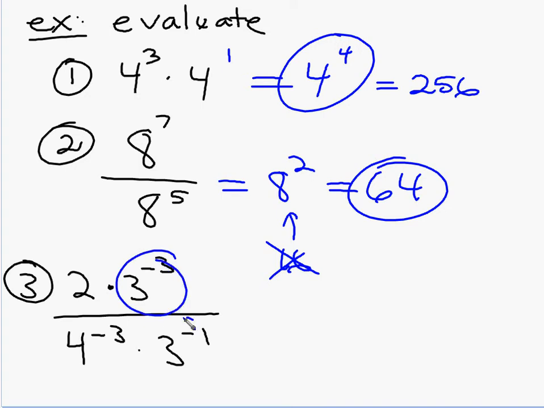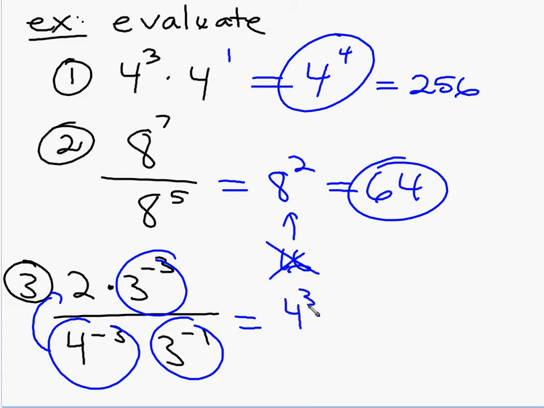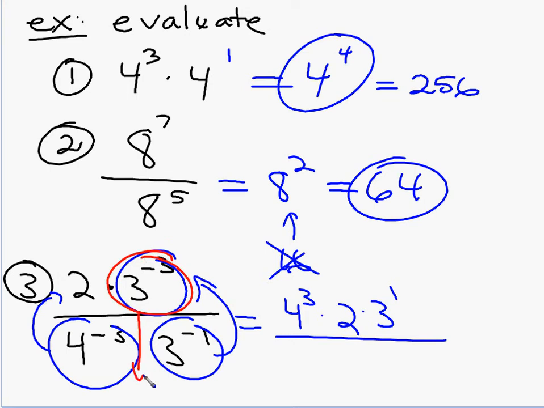Obviously, these two need to trade places, and this one needs to come to the top. So when I do that, I'm going to have the 4 to the third on top. The 2 did not go anywhere. And this thing comes up here, so it'll be times 3 to the first, all over. This one has to come down to the bottom and become 3 to the negative third.